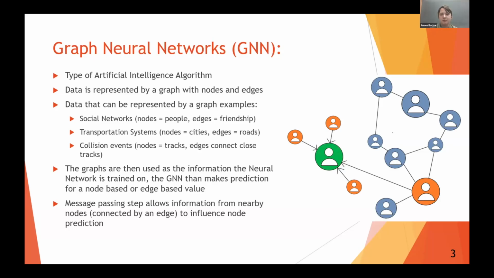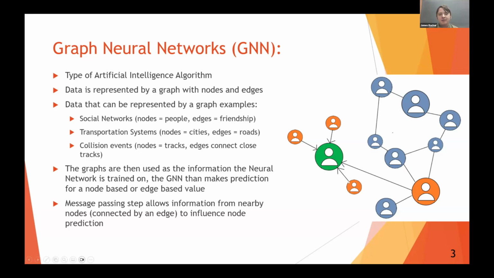Graphs in general consist of nodes and edges, and in different implementations they can have different meanings. For example, one famous example of a graph is a social network, where the nodes are the people, as we see in the illustration on the right, and the edges represent friendship or connection between those people.